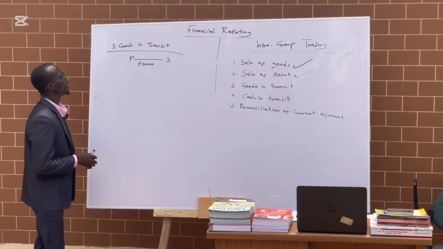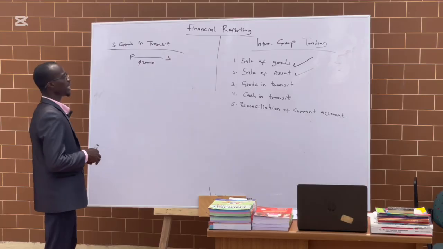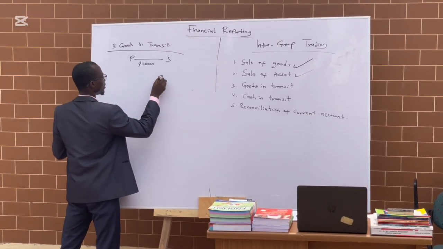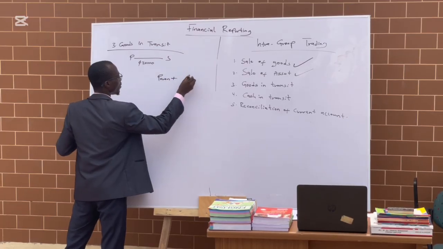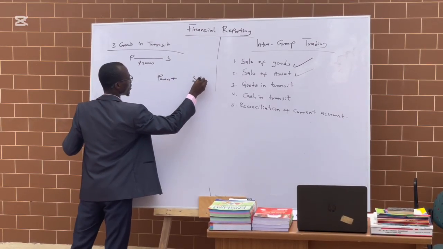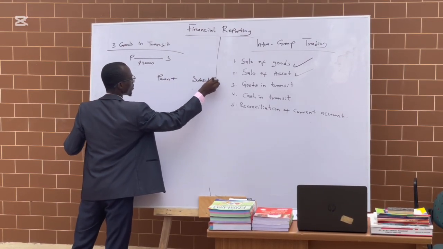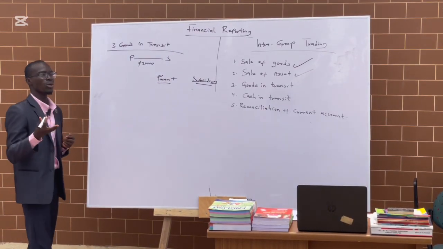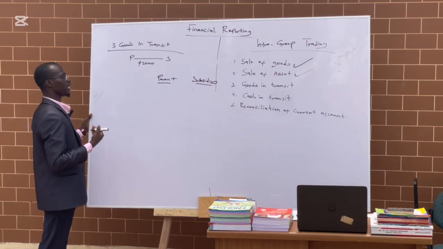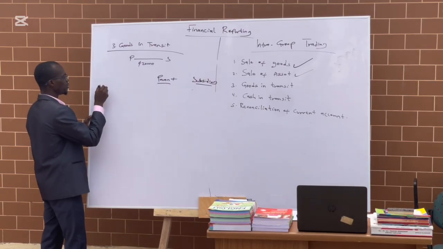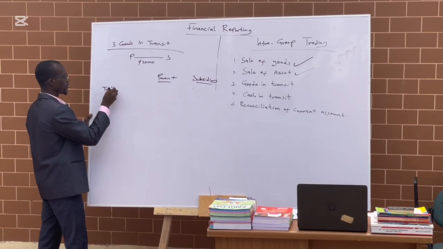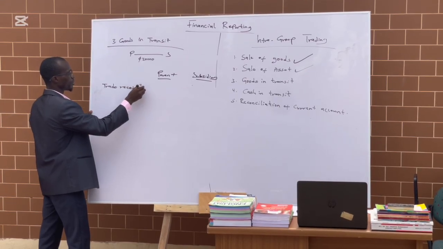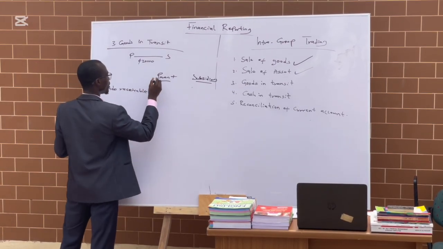So in a case where the parent sells goods to the subsidiary, and let's say the goods are 20,000, we have the parent and the subsidiary here. If I sell goods to you on credit, as the parent, I'll have a trade receivable of 20,000.